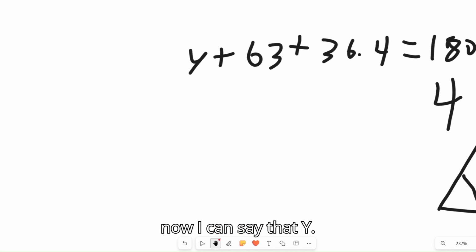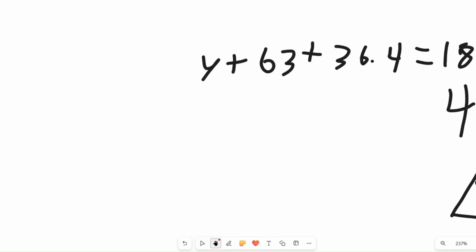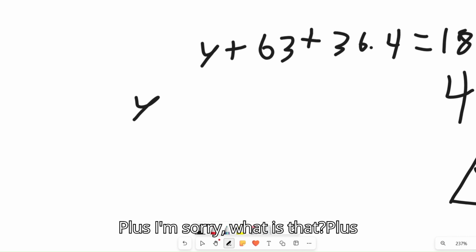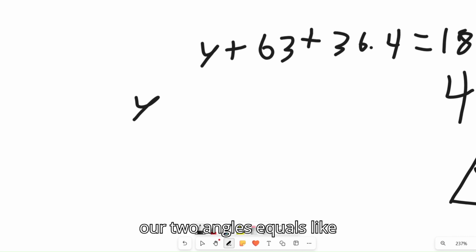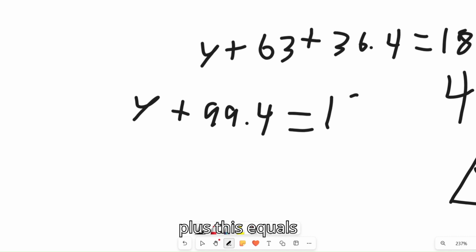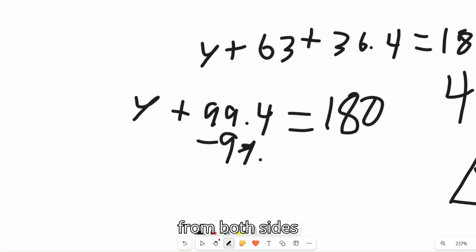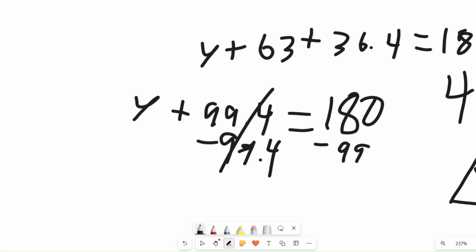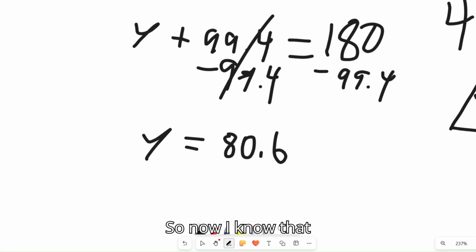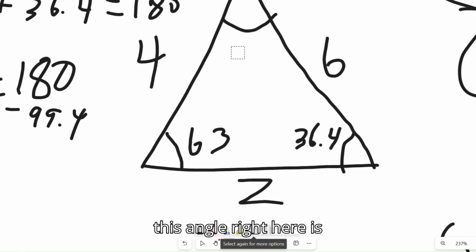The two angles add up to 99.4, so y equals 180 minus 99.4, and y equals 80.6.